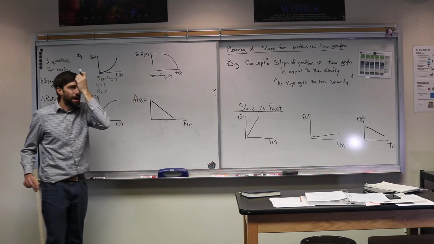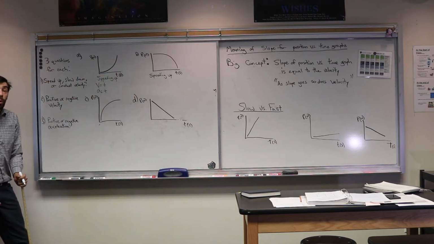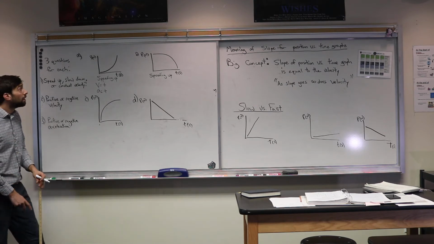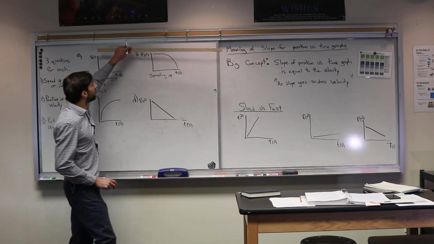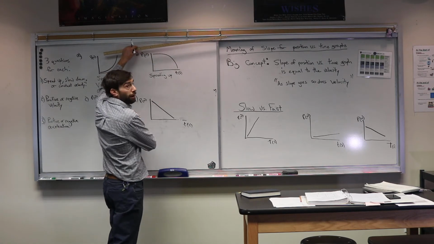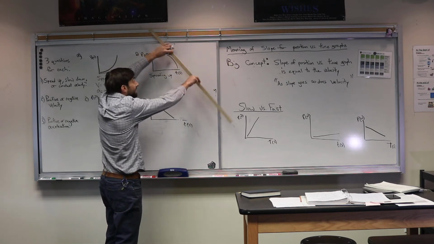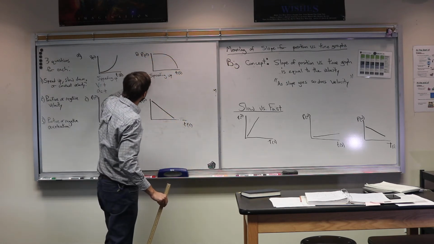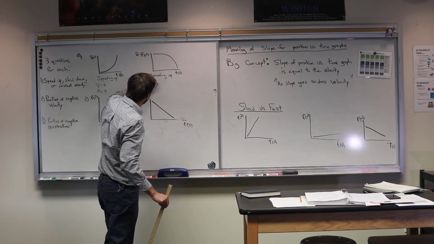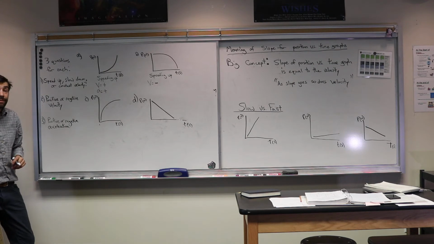Okay, so we're speeding up. Now, is my velocity positive or negative? Well, let's look at what our slope is doing. As we move from left to right, my values are decreasing, or going downhill. So in this case, our velocity is negative.